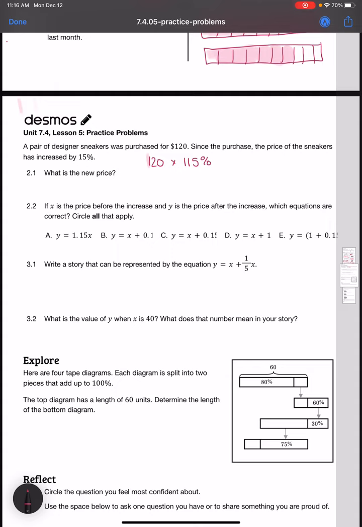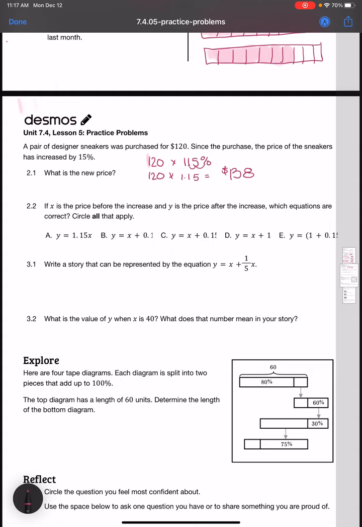And remember, I cannot multiply with a percent, so I move the decimal over twice: 1.15. So 1.15 times 120 would give me a new price of $138.